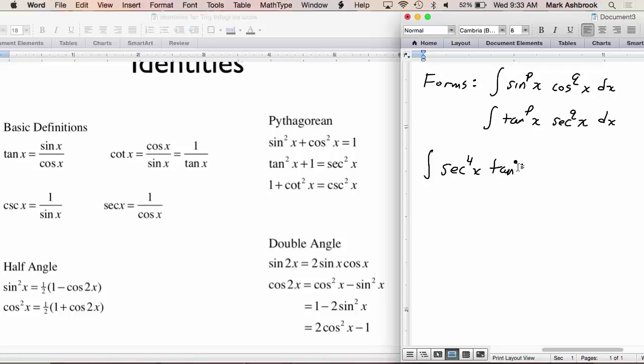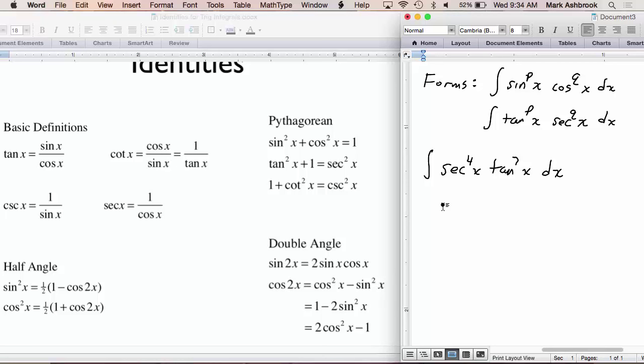Here's how these work. We are looking to rearrange this so that it is undoing the chain rule. So we're looking to manipulate this so that we make it undoing the chain rule. Any power of tangent would be easy, undoing the chain rule, if we had what over here?